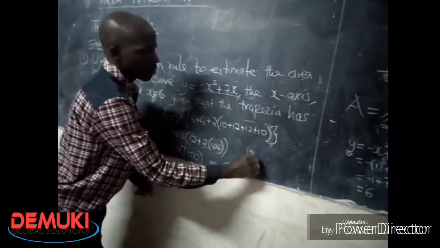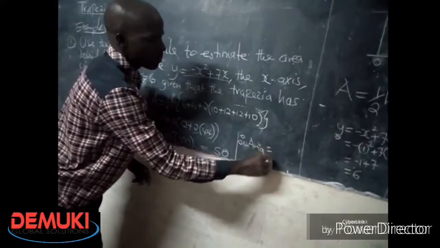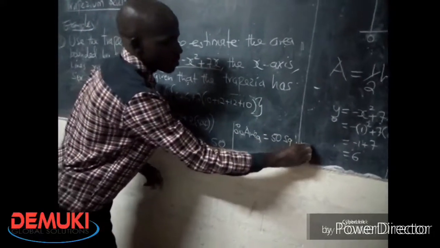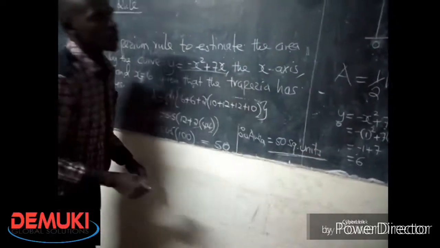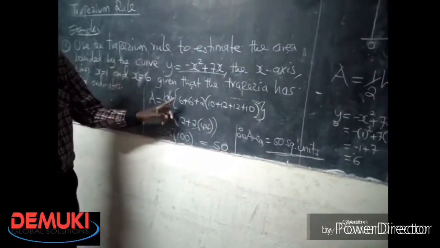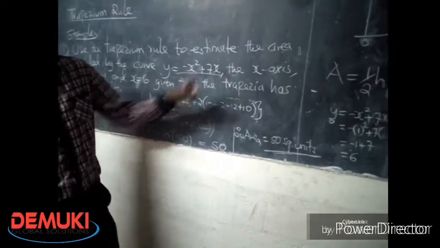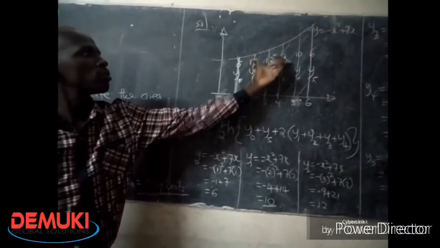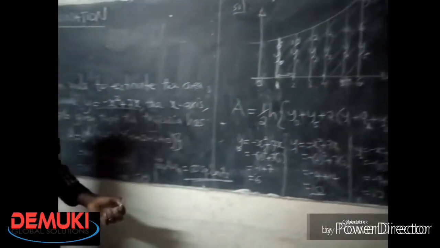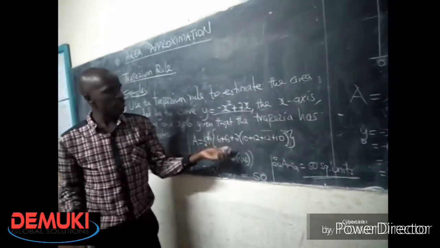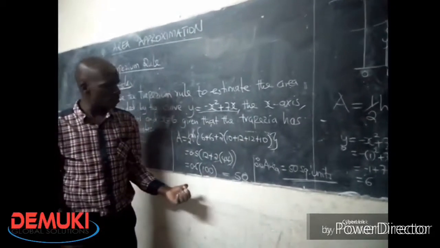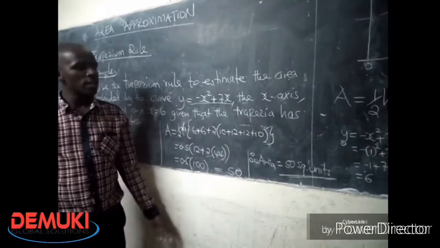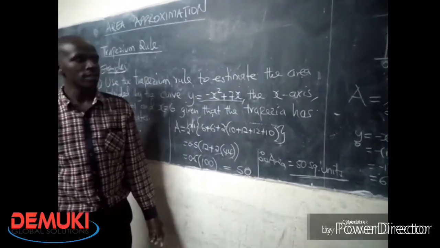Therefore, area is approximately 50 square units. I believe the formula is the first one and the last one, plus 2 times the middle ones. And then we have our answer. So the area is 50 square units, right?